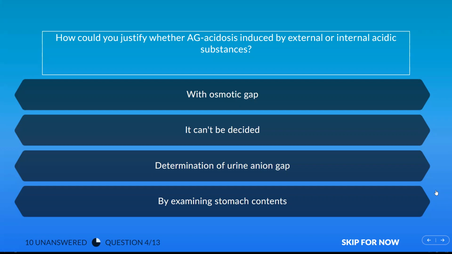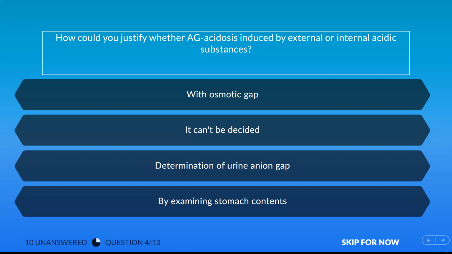So if the patient was drinking or eating something that could be metabolized into an acidic product, that increases the osmotic gap. The osmotic gap is the measured osmolality minus the calculated osmolality.